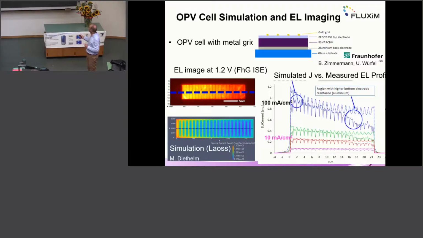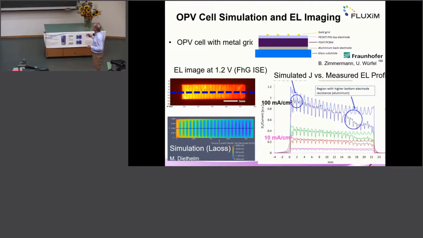So the measurement can make a cross-section, and we see the measured blue lines here. That's the cross-section of the EL intensity, and the simulation are the dashed lines. And you see that because of the metal grid, there are these narrow dips where we don't have EL emission because it's a shadowing effect.